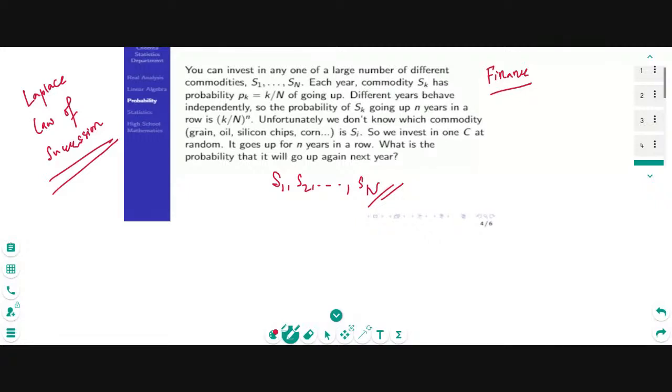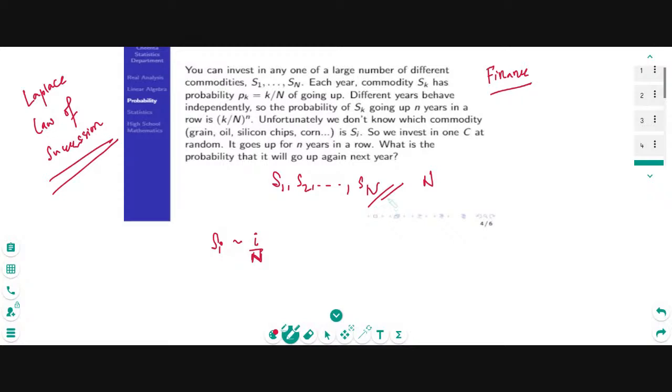So S1, S2, ... Sn are a large number of commodities, capital N commodities, in which you are going to invest. And the Si commodity has a probability of going up of i by N. That is, SN has a probability of 1 of going up.